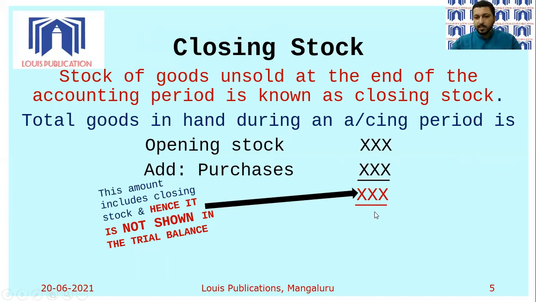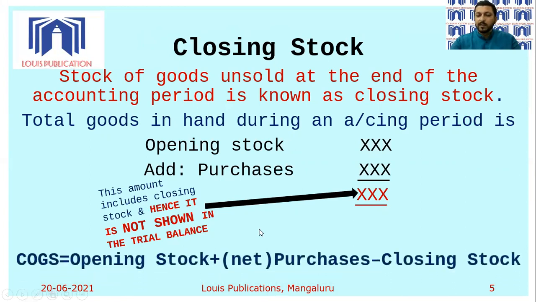But understand this, this number which you have in red includes closing stock, because opening stock and purchases during the year is the total value of goods available for sale. Out of that at cost, part of the goods are sold and the remaining part which remains unsold is closing stock. That means this number includes closing stock. So closing stock is usually not shown in the trial balance. Now, when I say it is usually not shown in the trial balance, what does that mean?